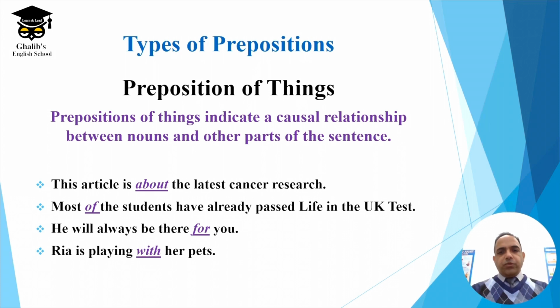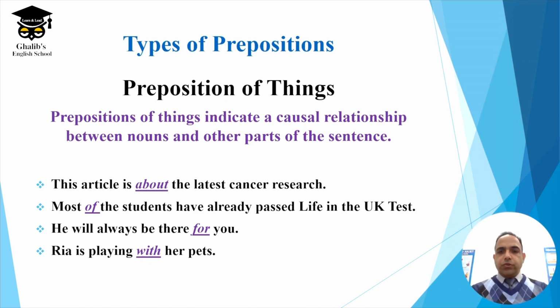The next one is prepositions of things. If you look at this one, prepositions of things indicate a causal relationship between nouns or other parts of the sentence. This article is about the latest cancer research. So about is your preposition. Most of the students have already passed the Life in the UK test. If we talk about students, we can give them a certain number, most of the students.